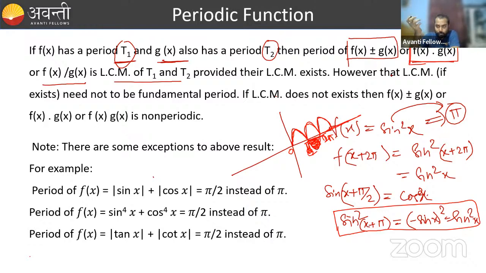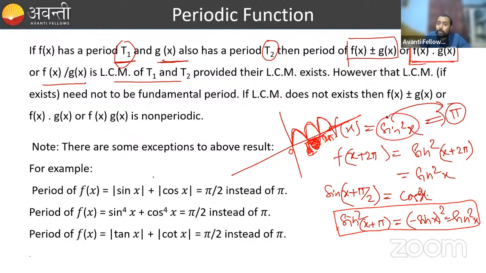Even in one function you will face such types of questions. When this rule is working, 2 pi is the period of sin square x. Yes, after a 2 pi interval, sin square repeats its values again and again, no issues. 2 pi is a period, you can say. But what is the fundamental period?